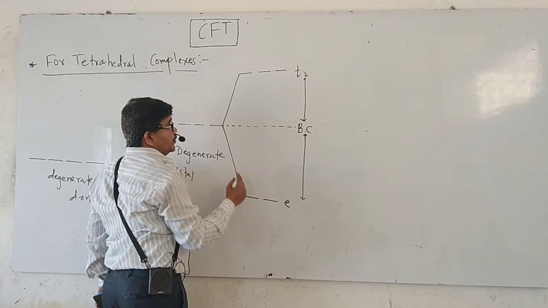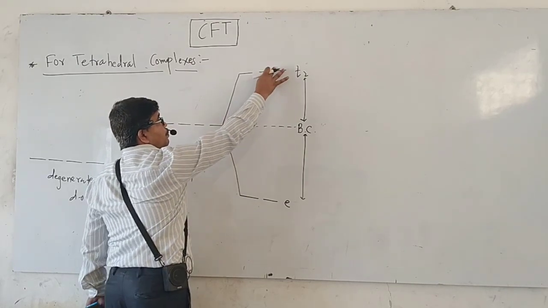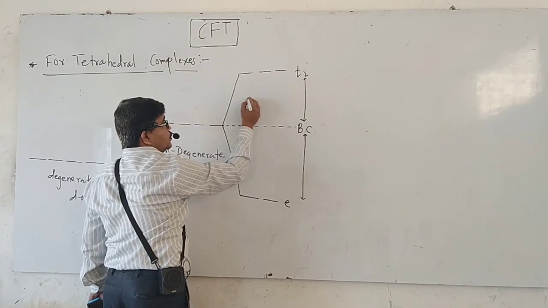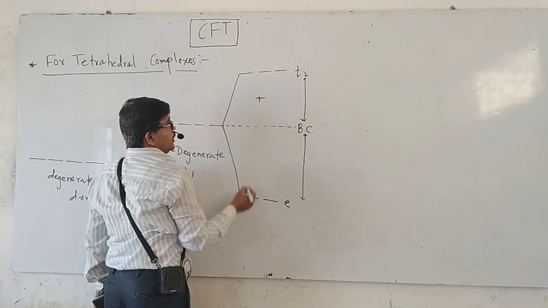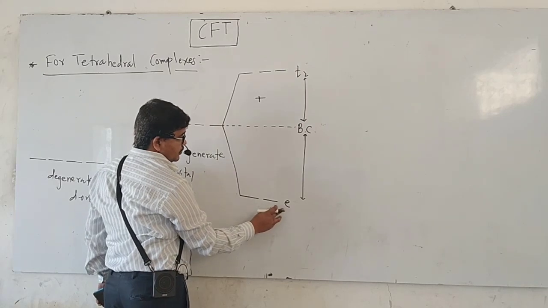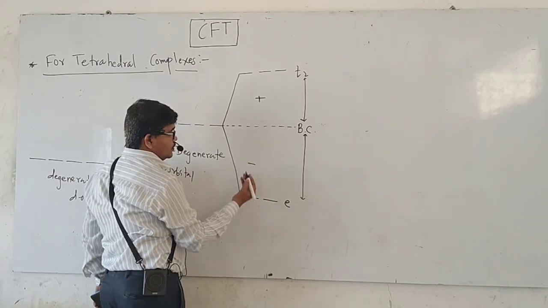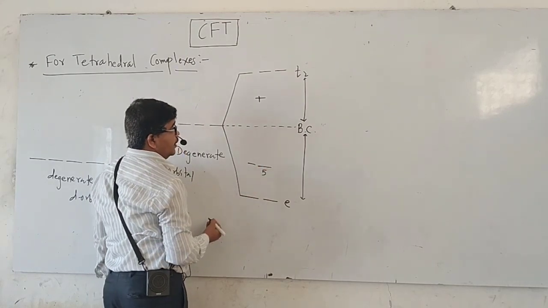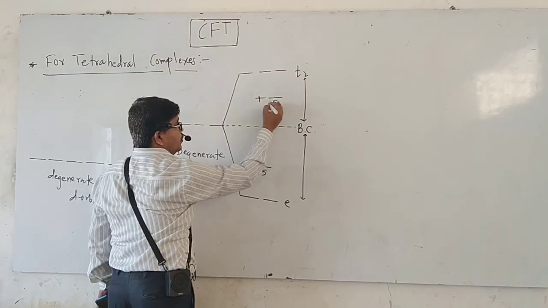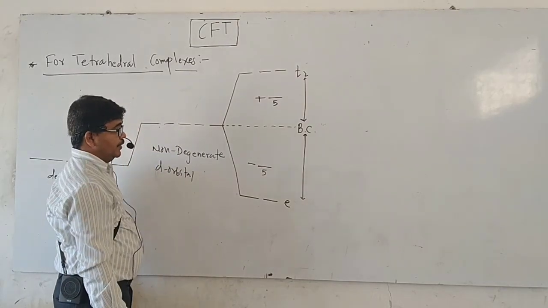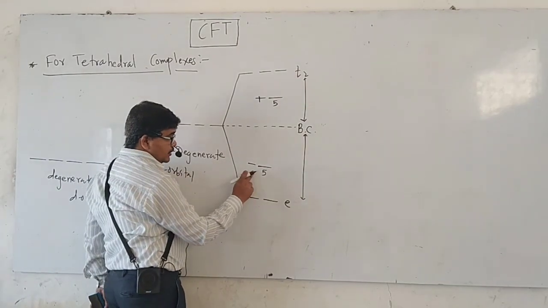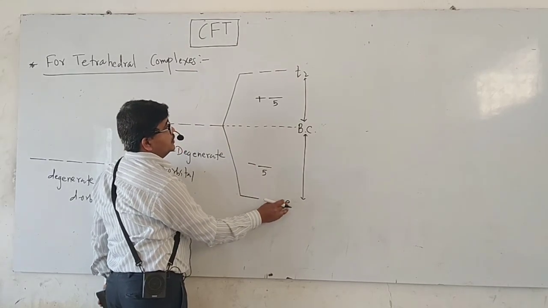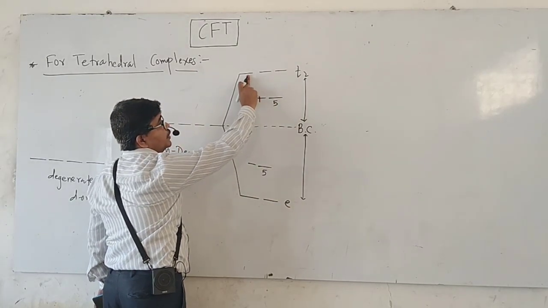Now, T2 lies at the upper level because the energy of T2 gets increased. If the energy gets increased, it will have a plus sign, and the energy of E decreases, so it will have a minus sign. The total number of d orbitals is 5, so in the denominator of both, we will write 5. Now, while writing this difference in energy for E, consider the number of orbitals of T2.